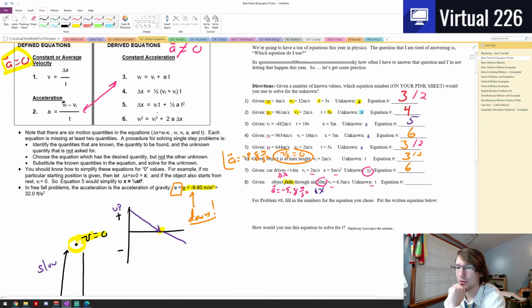So we could go ahead and use equation number 5, because we have delta x, that's 20, we've got vi, we've got the acceleration, and we're looking for t.